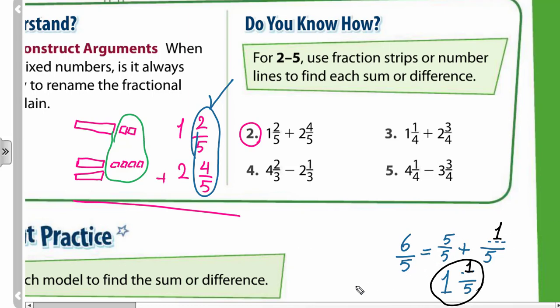So we call this rename, rename the fraction. So this is 1 and 1/5 for the fractions. Now move to the whole part, 1 plus 2.